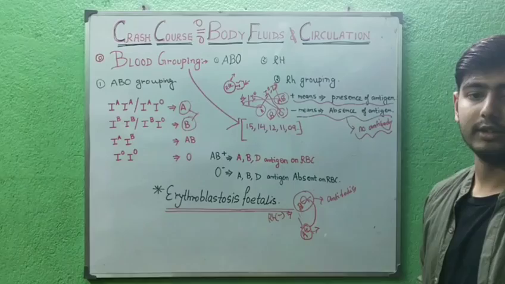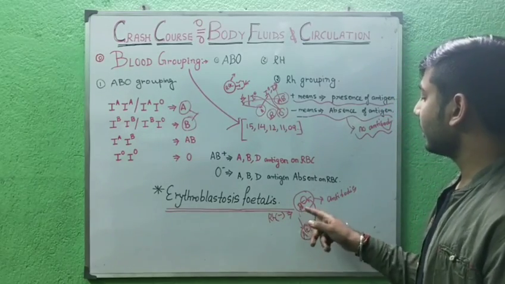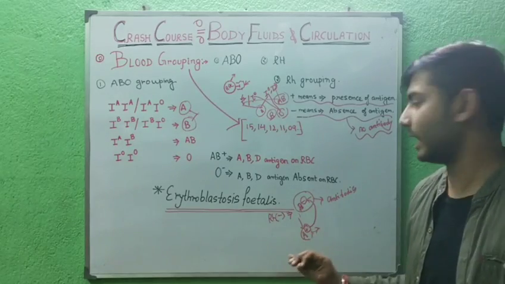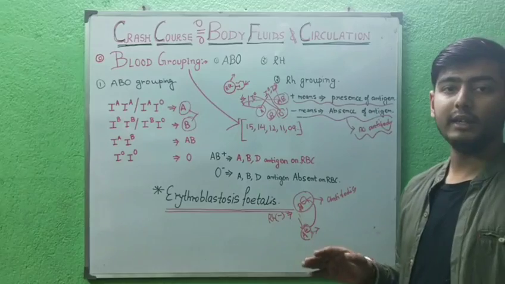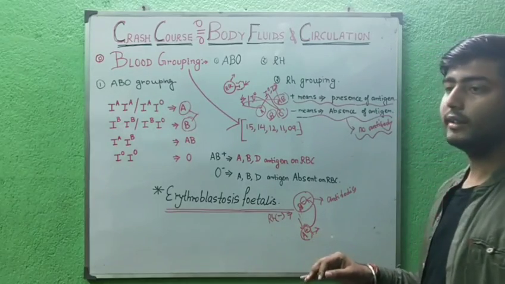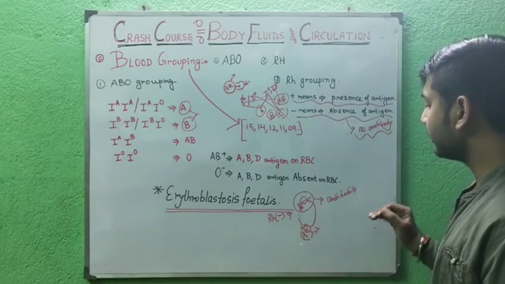Hence, in a subsequent delivery, when the mother is again delivering an Rh positive child, the antibodies will enter through the placenta into the fetus and will lyse the RBCs. Hope this is clear.